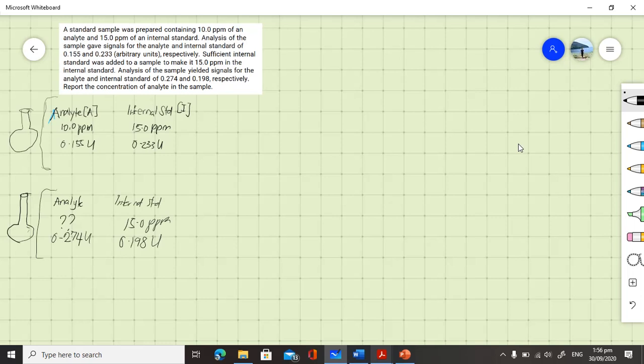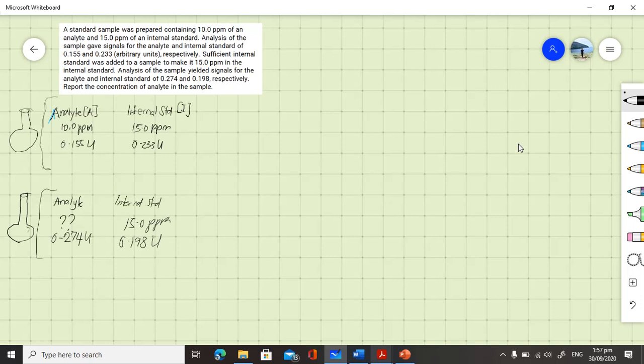Okay? So since both the analyte and the internal standard are affected by errors or instrument noise, that means if you take the ratio of both, the noise, the errors, will also cancel. So your result will be more accurate. That's the advantage of internal standard.